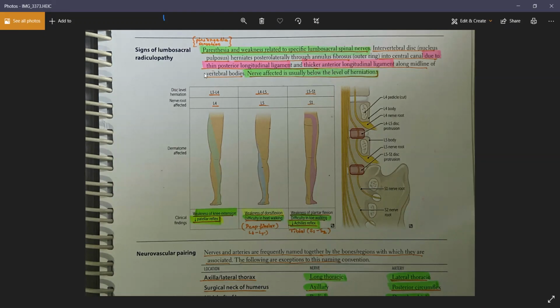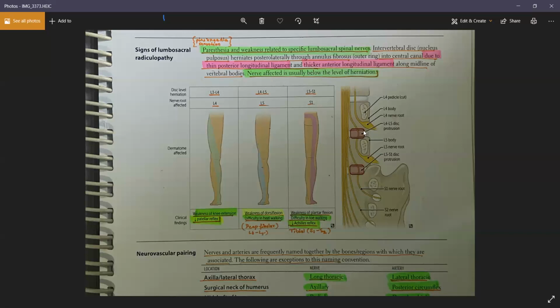Okay, and as you can see, in the case of the lumbar vertebrae, let's suppose this is L5. Just above the L5, you have the L4 nerve exiting, and below this L5, you have the L5 nerve exiting. So every corresponding nerve root will exit after the corresponding vertebra. Like the L4 nerve will exit after the L4, similarly the L5 nerve will exit after the L5 spine, right?